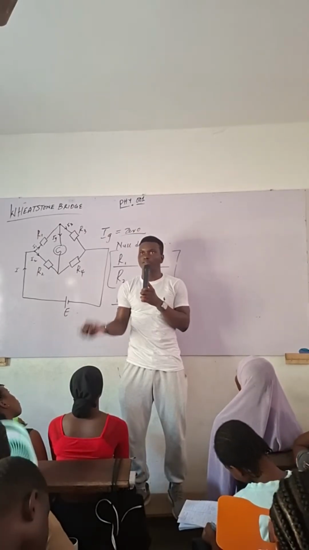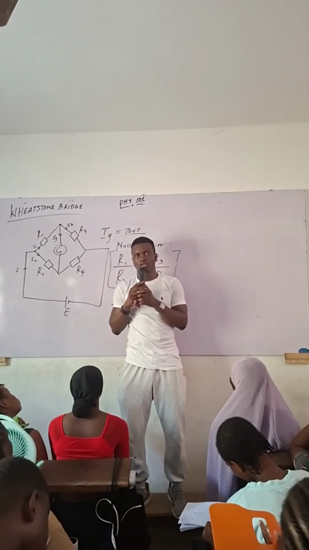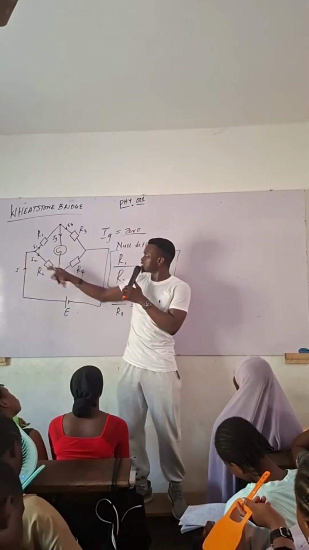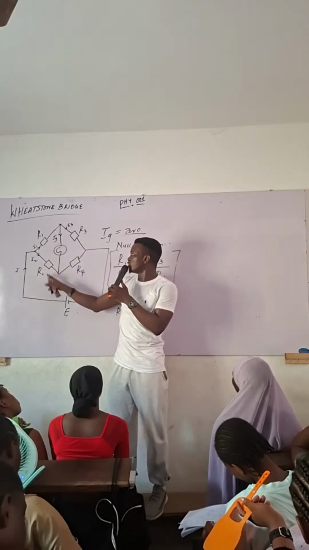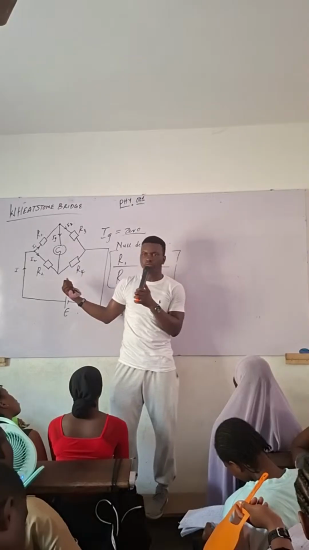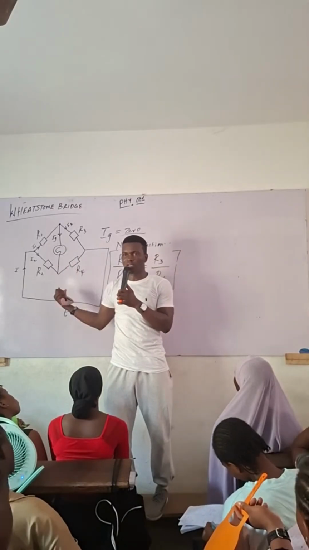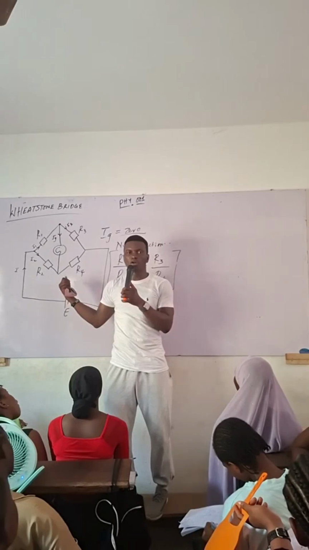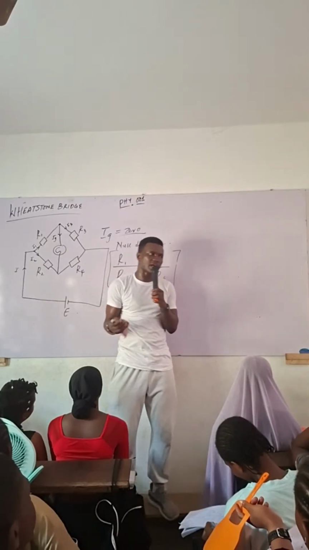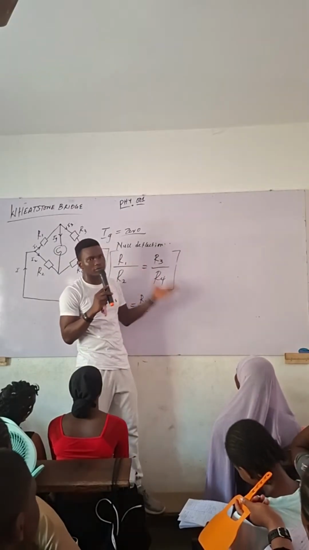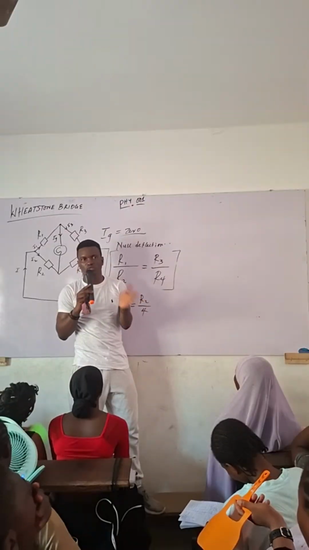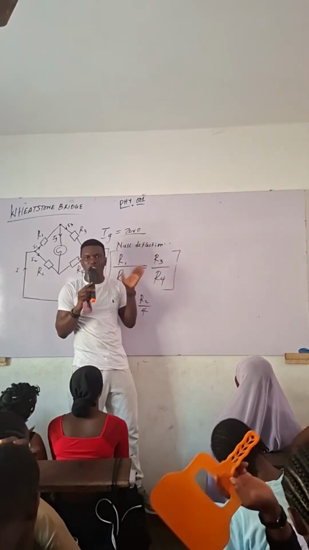I was trying to get the reason for this, then I started doing the EMF here, the EMF here. When you get to university, ask those that did 100 level, you'll be performing Kirchhoff's law here and doing a lot of things over it. So I spent that energy at that point, but for now, don't beat yourself up. R1 over R2 is equal to R3 over R4. That's what you need to do.